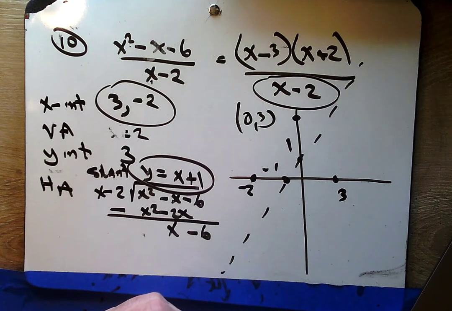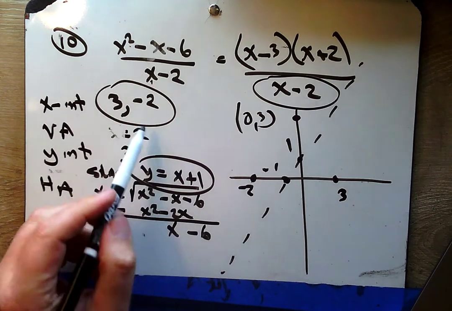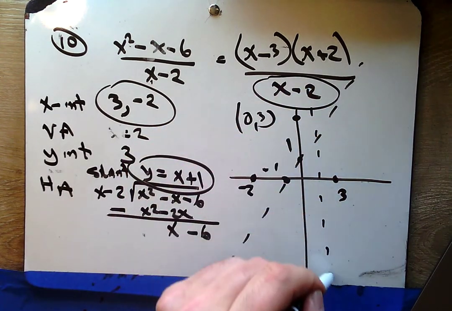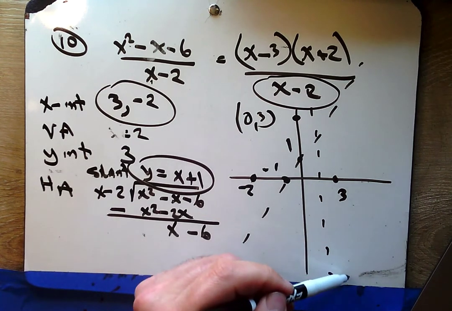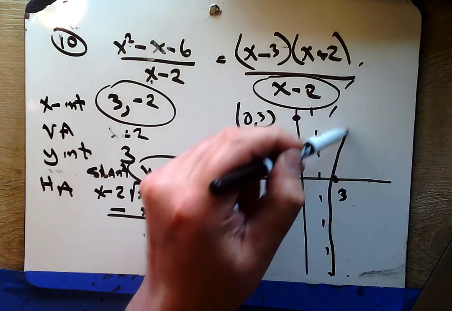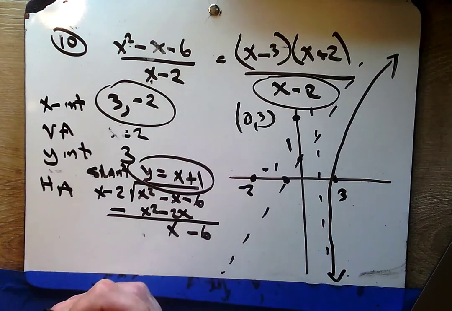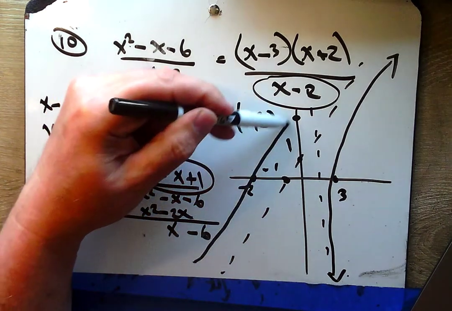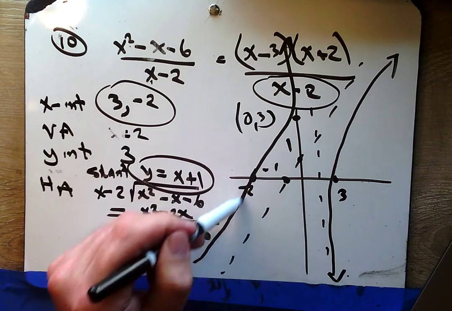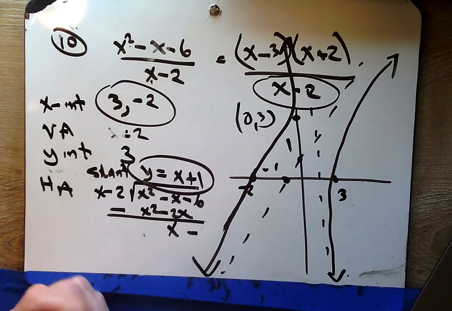And a vertical asymptote at x equals 2. Okay, so my graph then is going to bend to those asymptotes, and my graph is going to bend to those asymptotes.